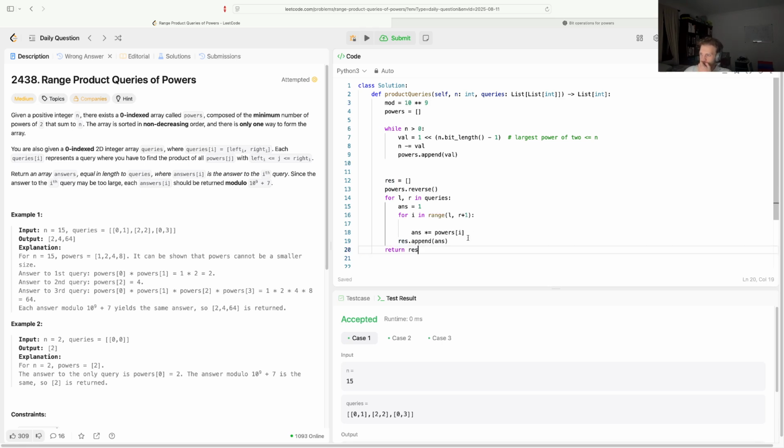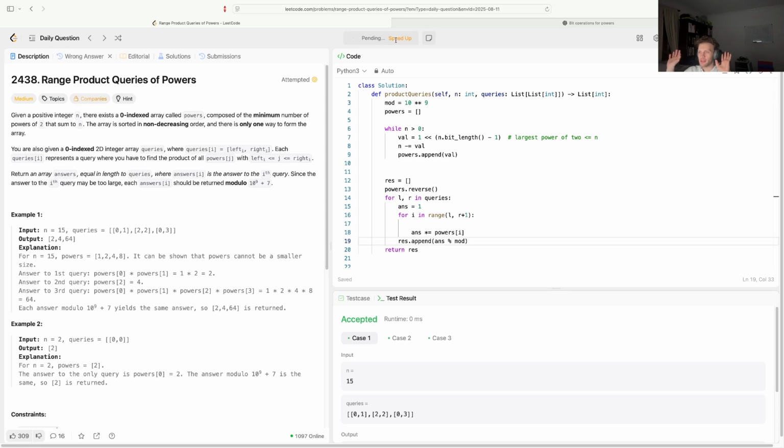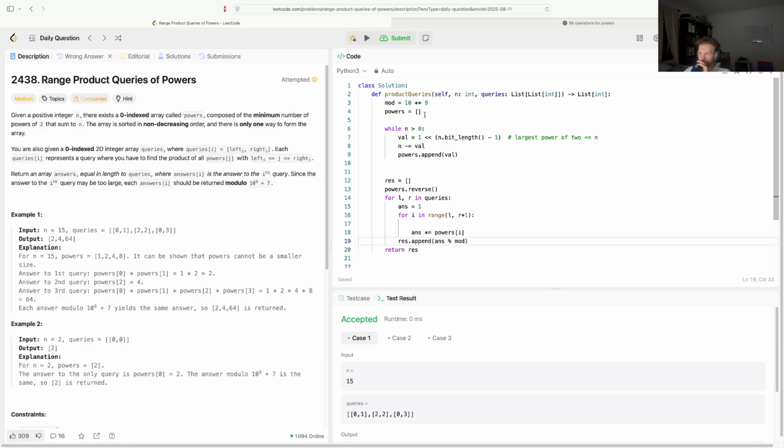Okay, we have the mod 10 to the 9th here. We had the solution earlier, we forgot the mod. Oh my gosh, we're still wrong, but so close. Oh, it's not 10 to the 9th, it's 10 to the 9th plus 7.